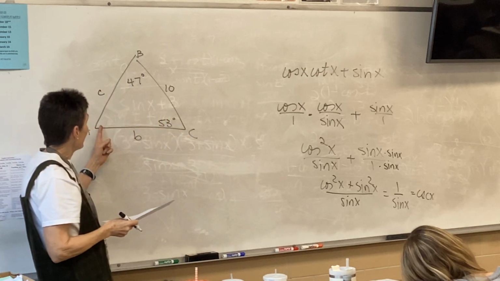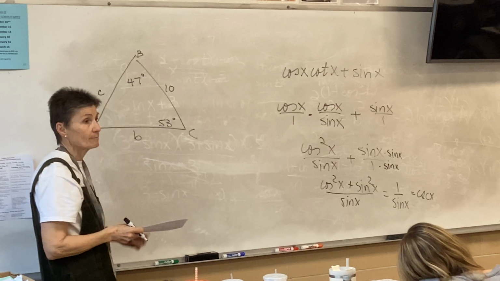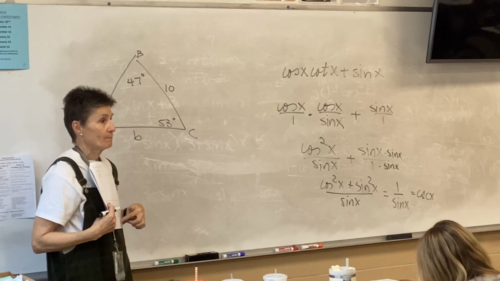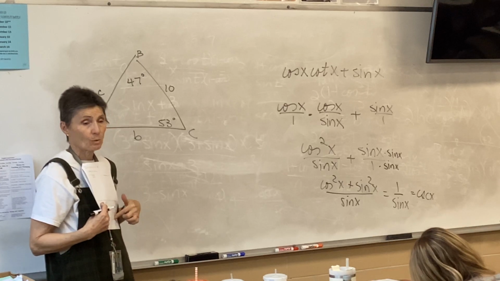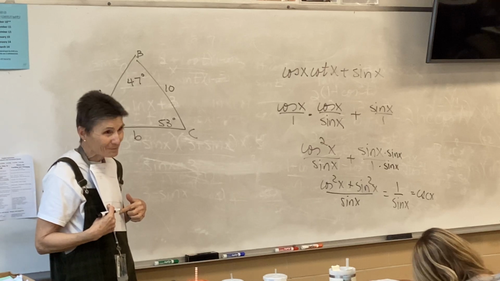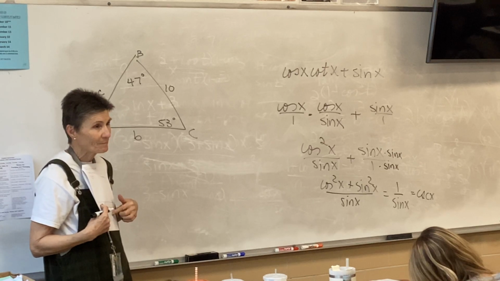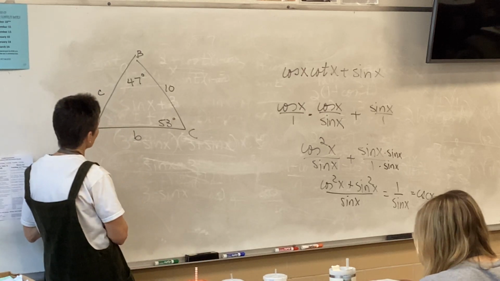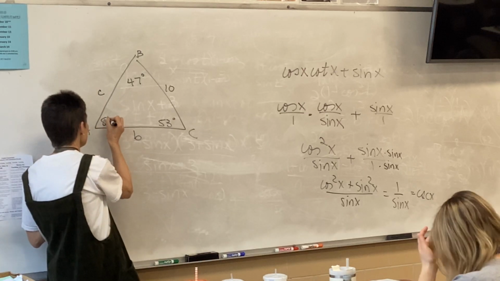I need angle A, I need side B and side C. Now, see the blanks over here? This is what you need. All these blanks are worth the same amount of points, but one of them is simple. Which one is the simple one? Angle A. So how big is angle A going to be? 80 degrees.